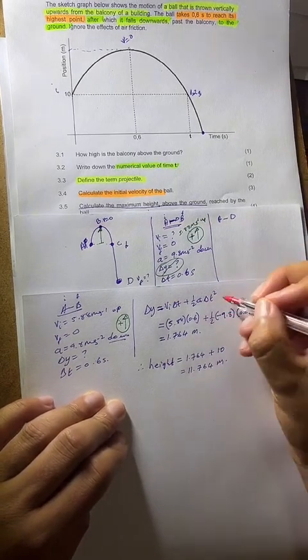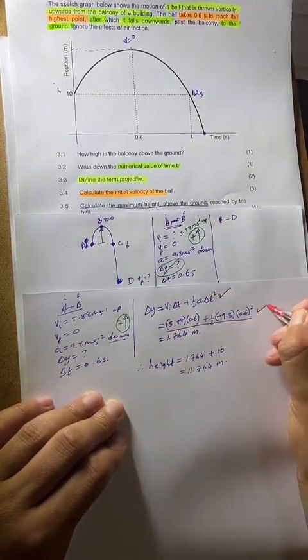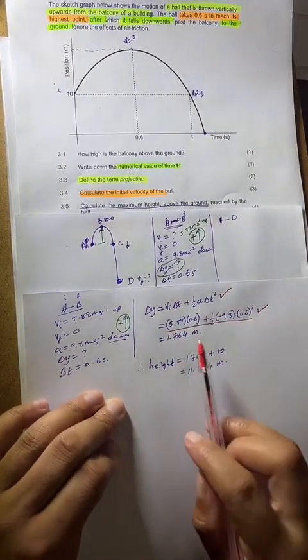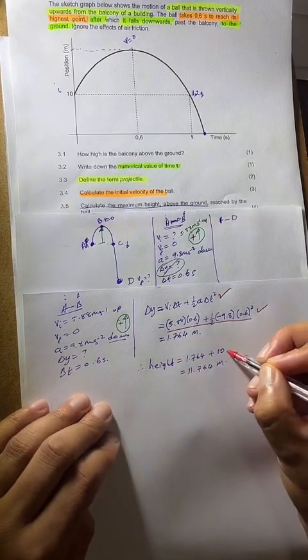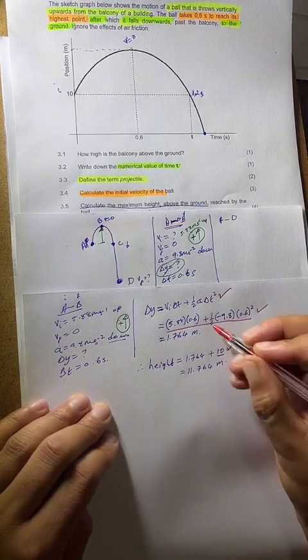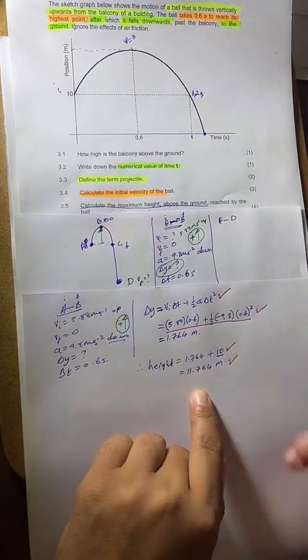1 mark for the formula. Everything in the substitution is 1 mark. We do not mark that answer because we are using it in the next step. So we give you a mark for adding 10 to the previous answer, and then the final answer.